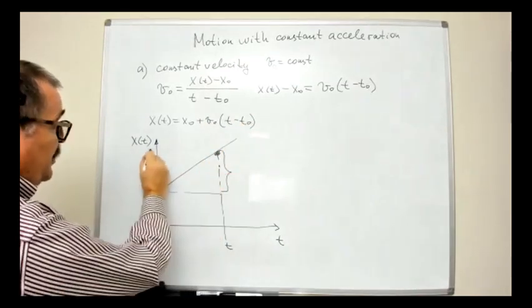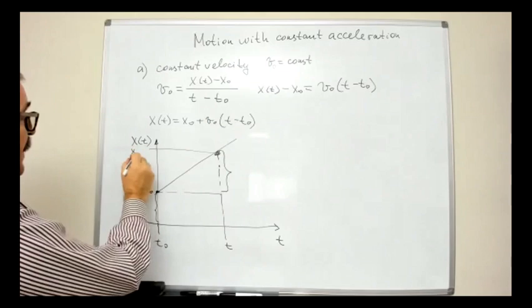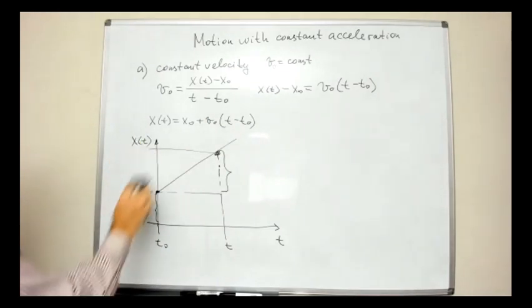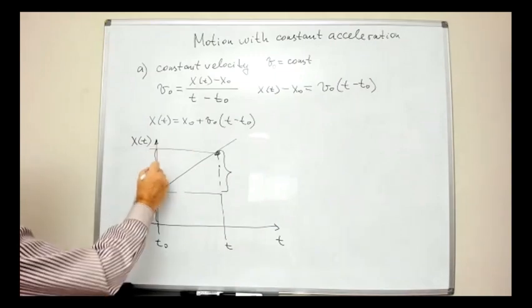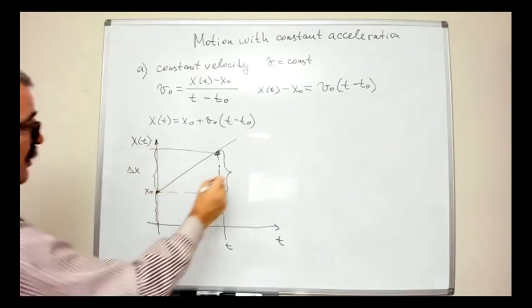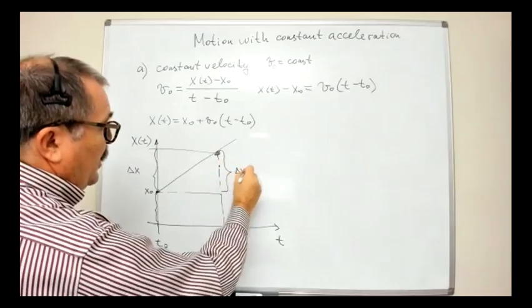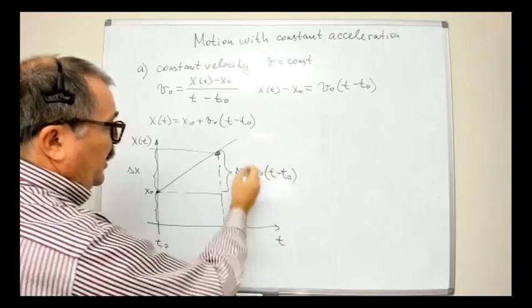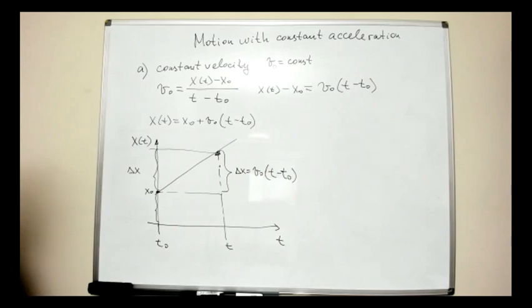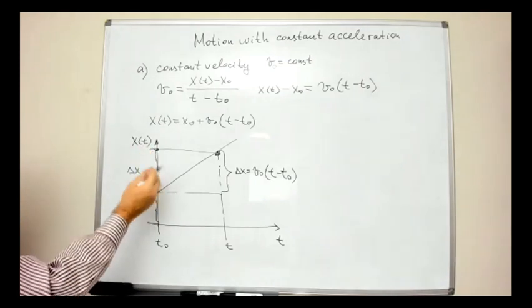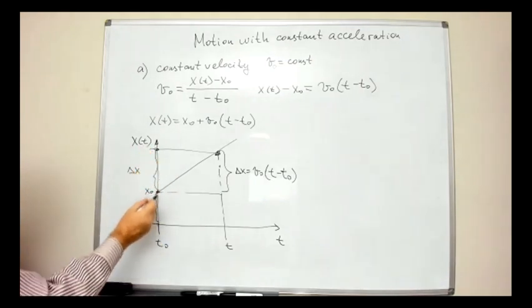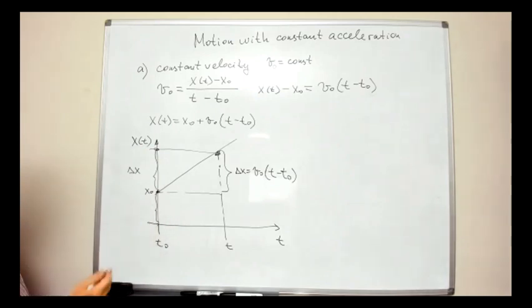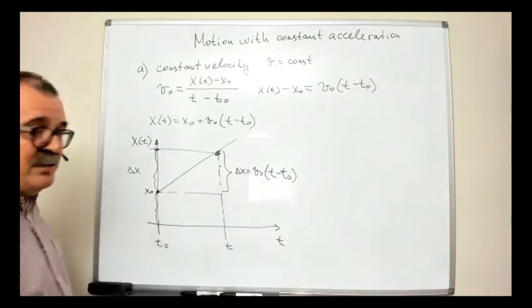So this interval delta x equals v0 times (t minus t0), right? And the position x(t) has two parts: the initial position x0 plus the displacement delta x. The displacement delta x is v0 times (t minus t0).